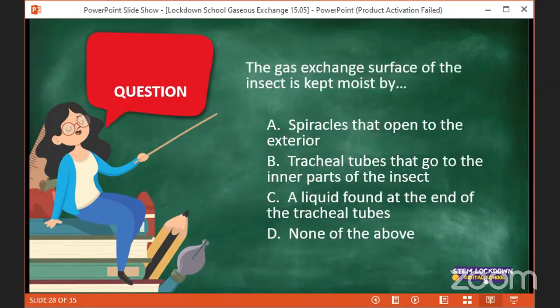Right. Next question. The gas exchange surface of the insect is kept moist by A, spiracles that open to the exterior, B, tracheal tubes that go to the inner parts of the insect, C, a liquid found at the end of tracheal tubes, D, none of the above.